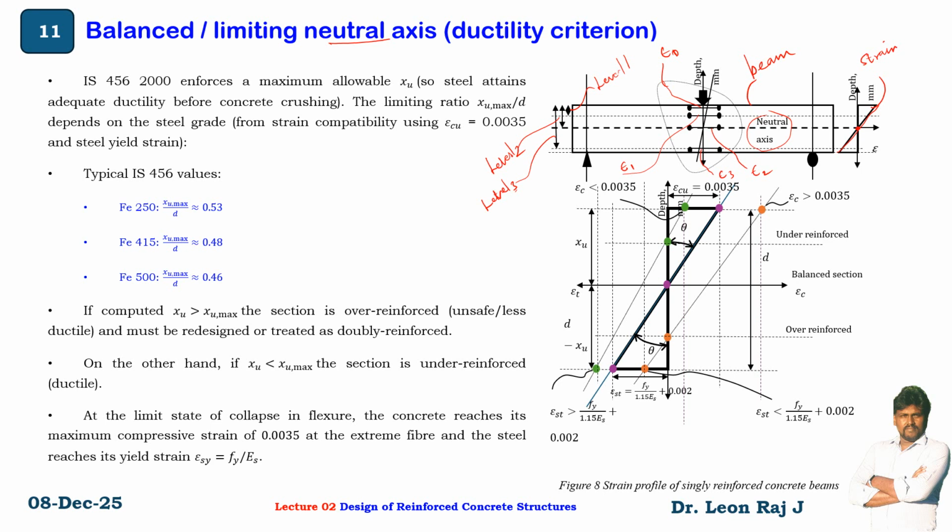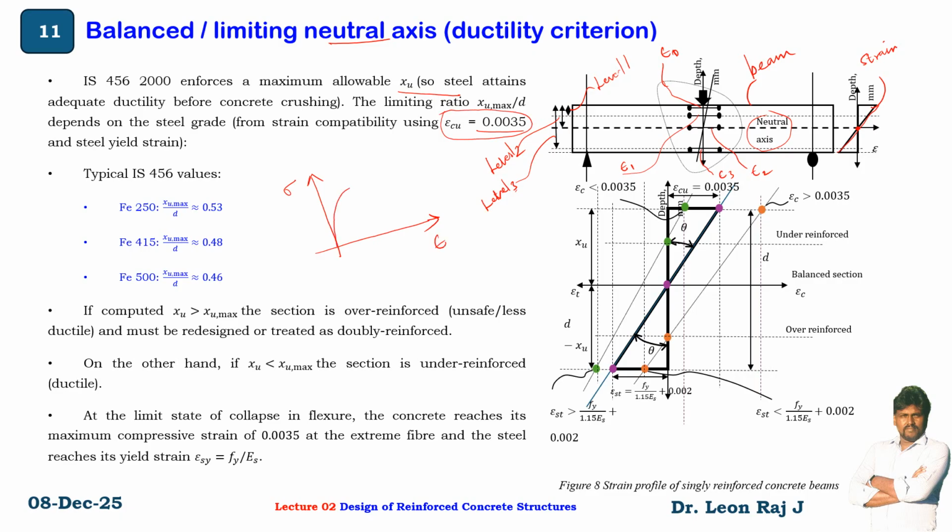It is further detailed here. The limiting neutral axis, how we arrive at it, I have explained in detail in the previous lecture. The limiting strain is 0.0035 in concrete. How do we arrive at this limiting strain? This is the stress strain curve of concrete.